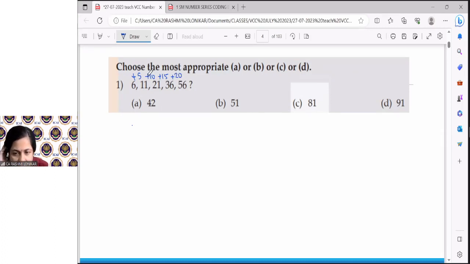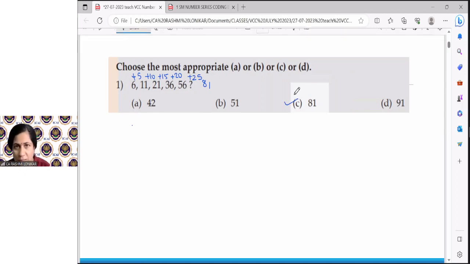So what do we have? 5, 10, 15, 20. So it's a table of 5. So I will add plus 25. Then 56 plus 25: 6 plus 5 is 11, 5 plus 2 is 7, plus 1, 81. 81 is the answer. This is how you should do it in the exam.